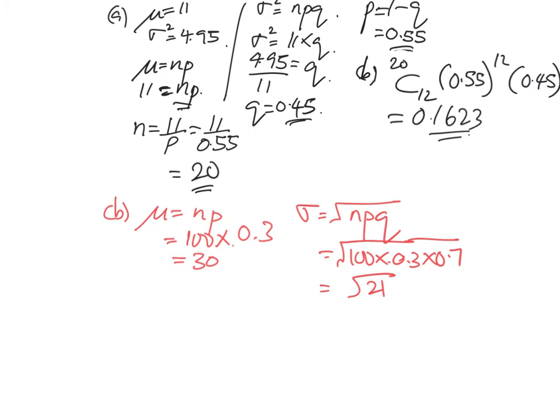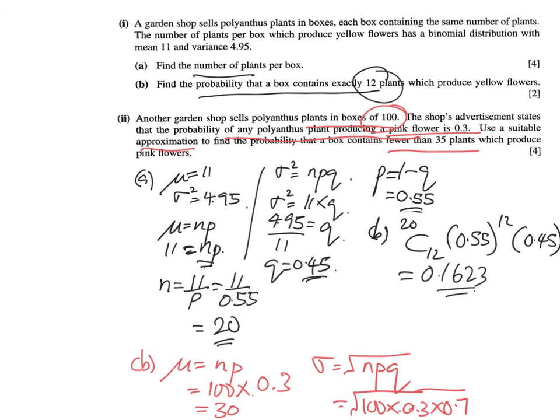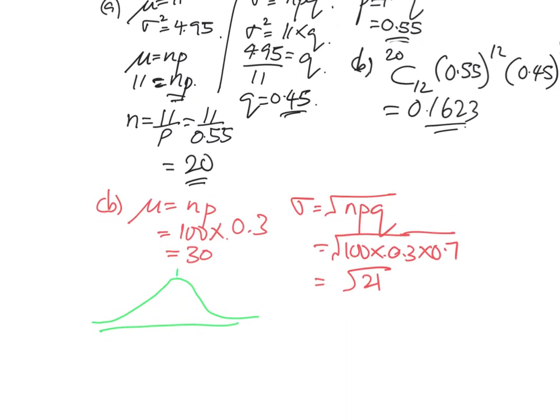Now let's look at this. We have a bell curve, and our mu is 30. Let's say 35 is here, and fewer than 35 is to the left.